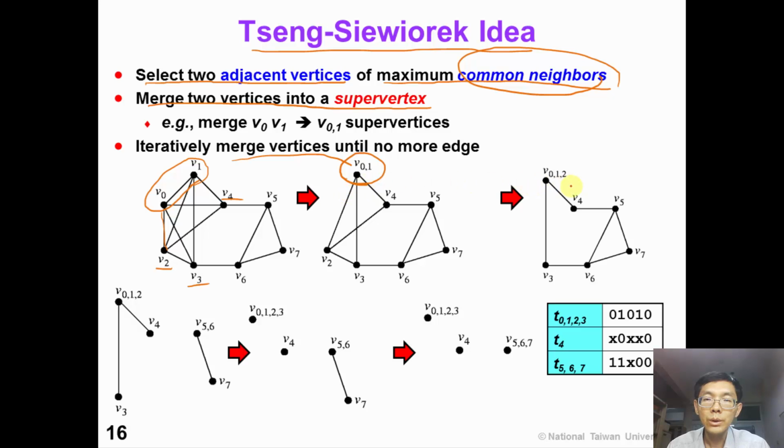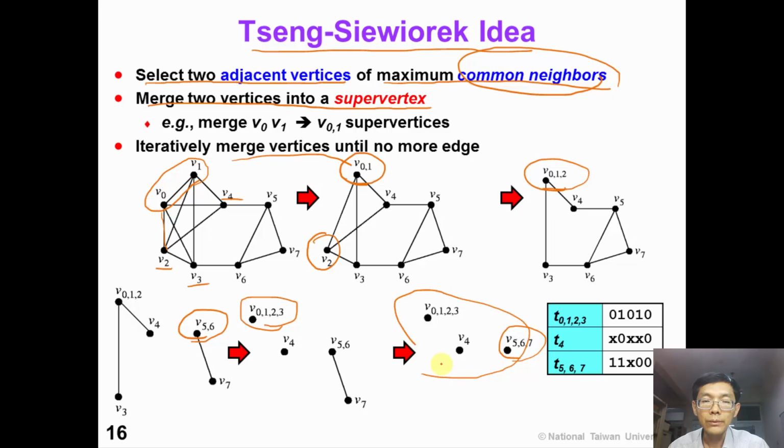In the next iteration, we merge V01 with V2. In the next iteration, we merge V5 with V6. In the next iteration, we merge V3, and eventually we merge V7. This process is repeated until there is no more edge in the graph.